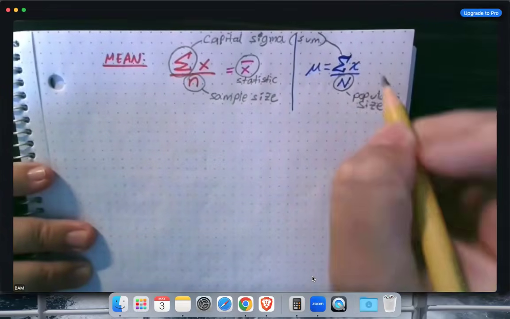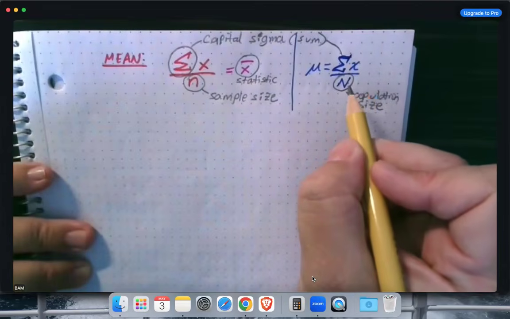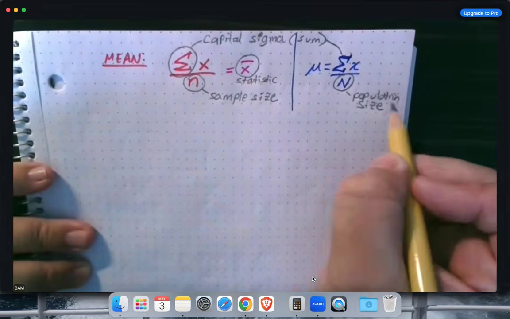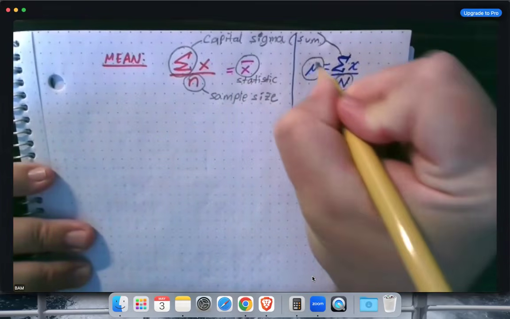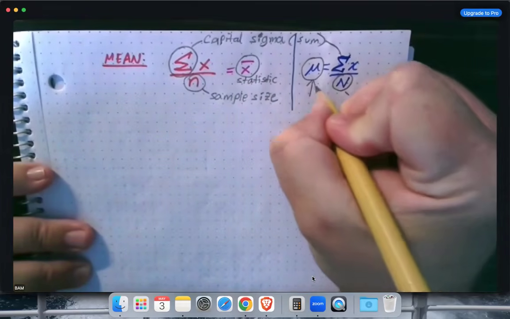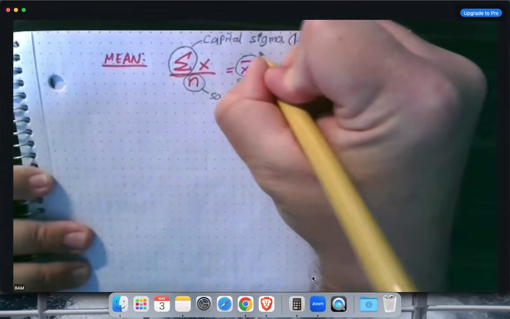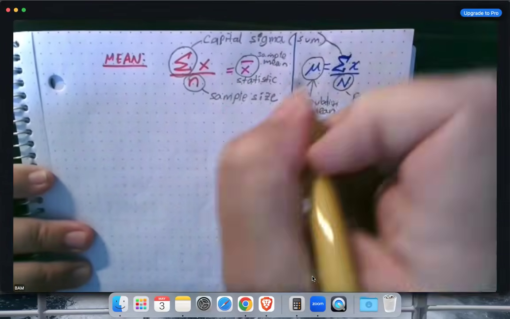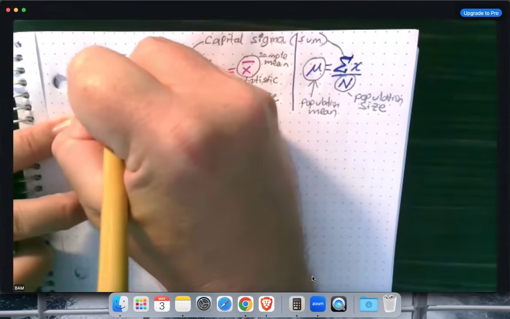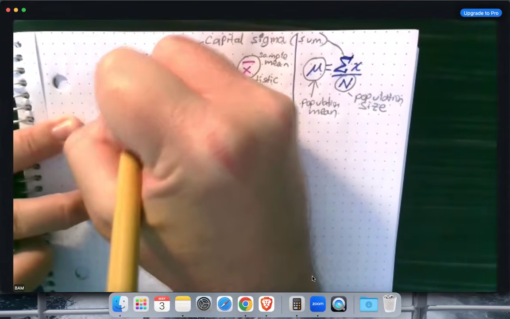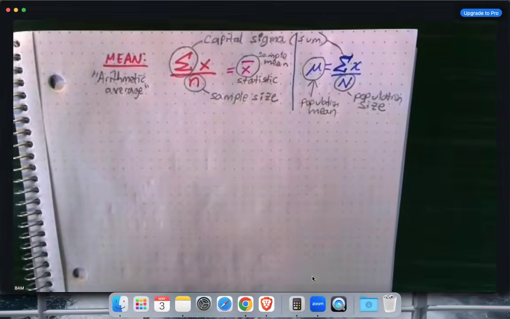X is the data values. So if I had all of the blood pressures for the whole population, I could do this, and mu is a population mean. X bar is a sample mean. And some people call this the arithmetic average.